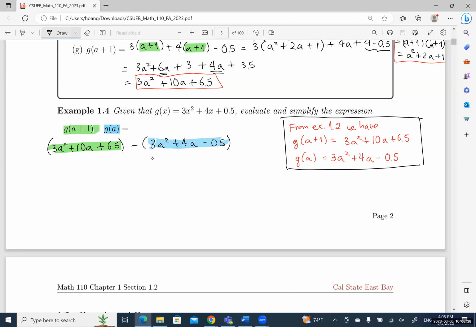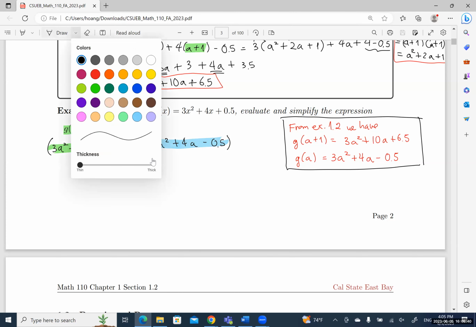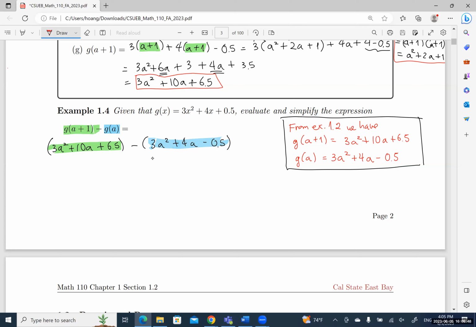So then you can go ahead and cancel something in here if you want. You can see that you can cancel the 3A squared here minus 3A squared here.